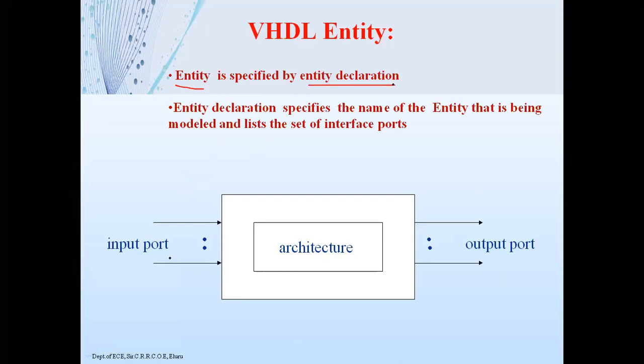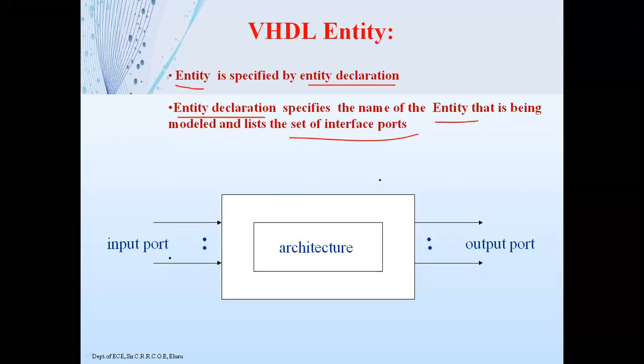The entity declaration is one of the design units. The entity declaration specifies the name of the entity, which is to be modeled, and it also lists the set of interface ports.